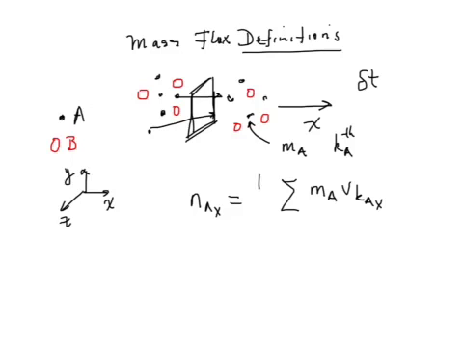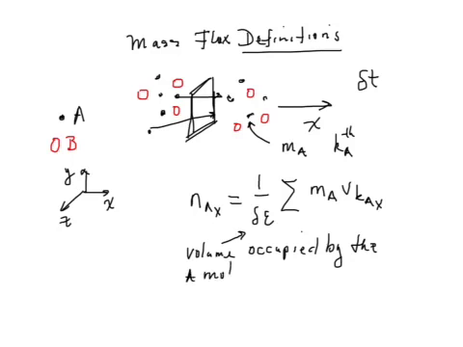And the definition requires that we divide by the volume occupied by those A molecules that cross the plane. So we'll denote that by delta epsilon.